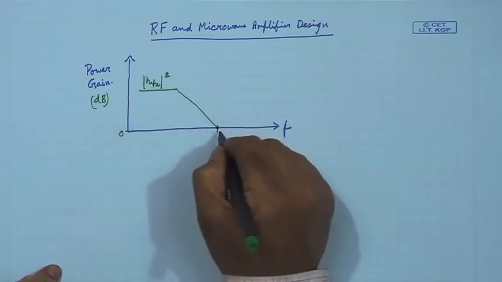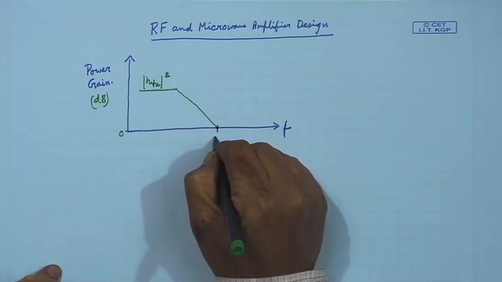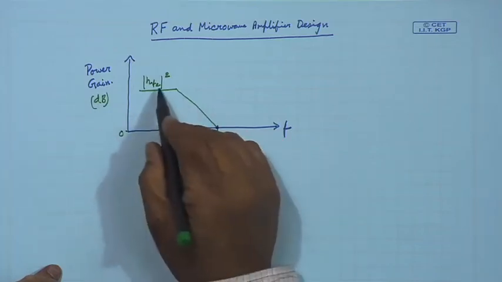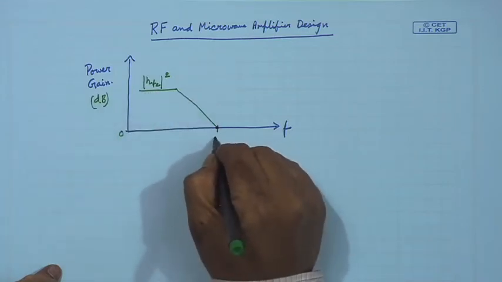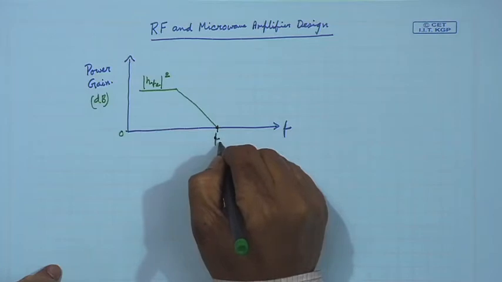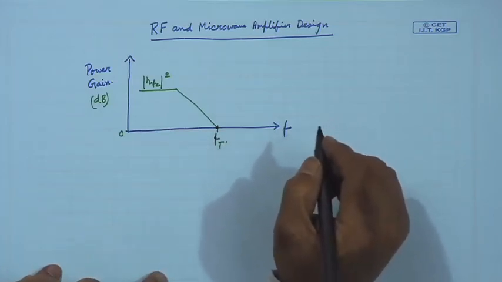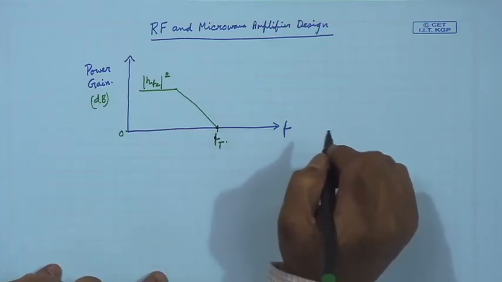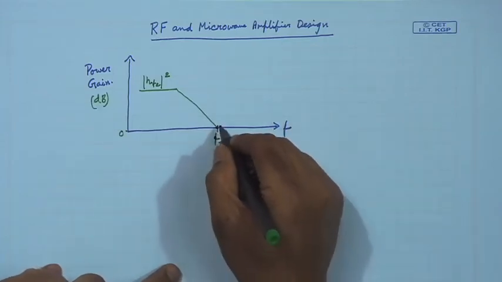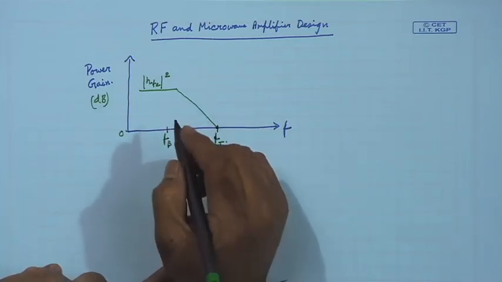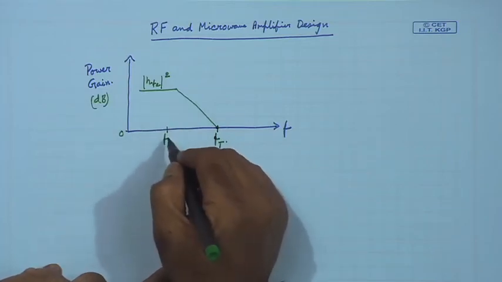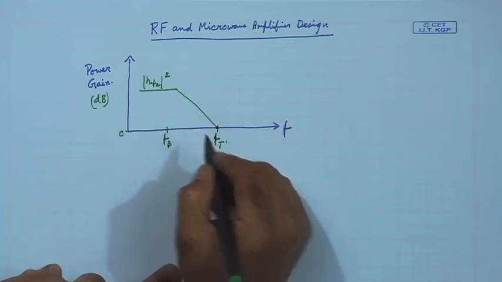So, this frequency at which the AC short circuit current gain HFE falls to 1, that is called the beta cutoff, the maximum usable frequency of the transistor. And there is also a relevant parameter called F beta, which is the frequency at which DC short circuit current gain beta of the transistor falls to 1.